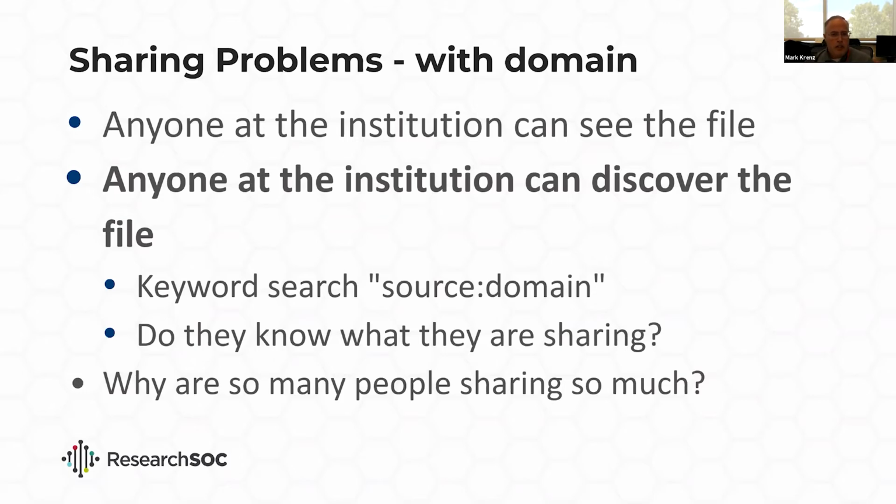Initially, I thought that the only way to discover that would be if you had the link in some way. It turns out that it's actually possible to discover files that you don't have the link for, but have access to through people sharing stuff with the domain, just by doing this keyword search, source:_domain. And so this opens up the door for being able to see documents across a university environment, where you can see students who are accidentally sharing files with the university by mistake, professors, and so on.